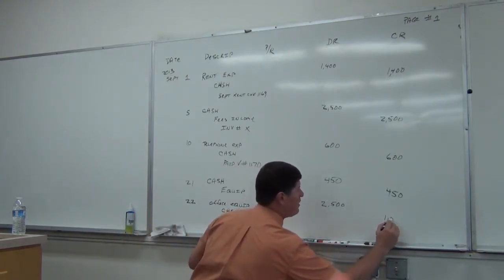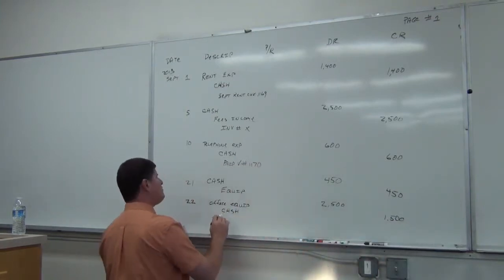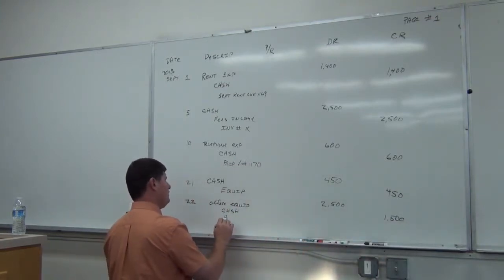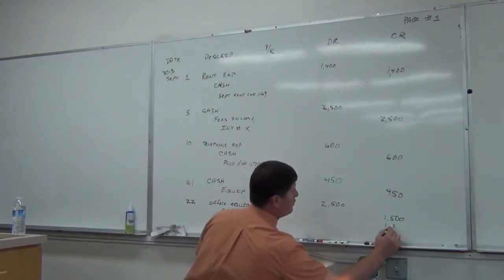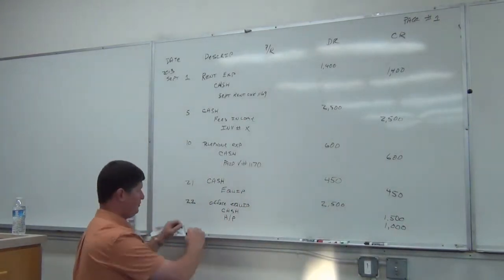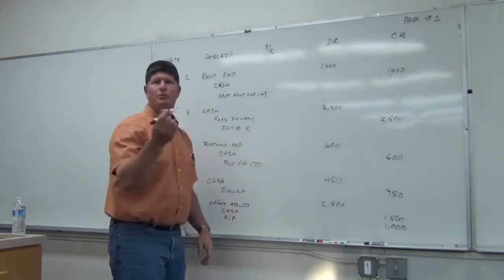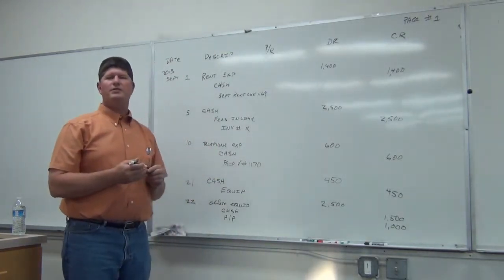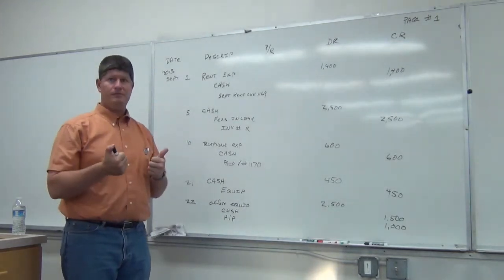Okay, so we gave up $1,500 in cash. And the rest of it we promise to pay later, accounts payable, for the other $1,000. Okay? And then we'd put the description on the bottom: purchase new computer, paid check number so-and-so, balance due in 30 days. Sound good? Okay.